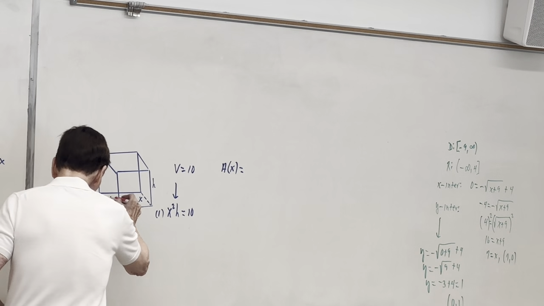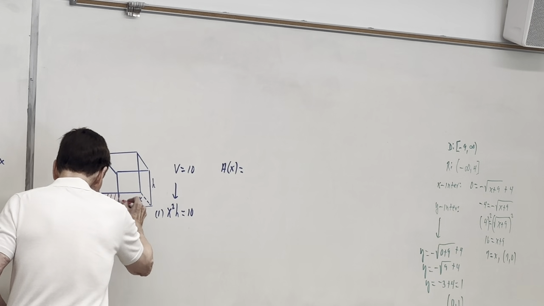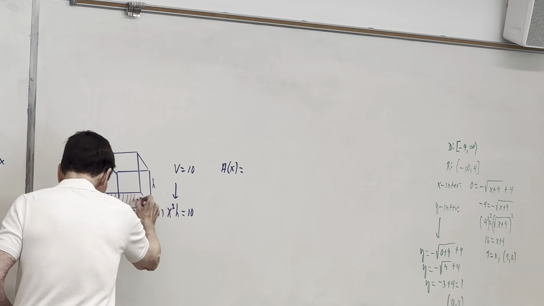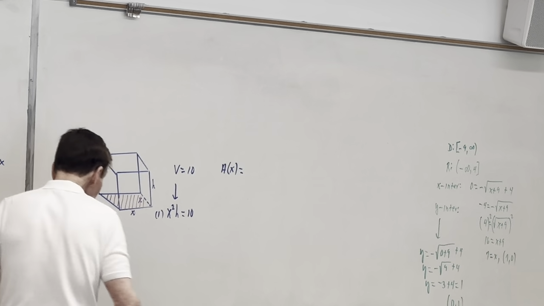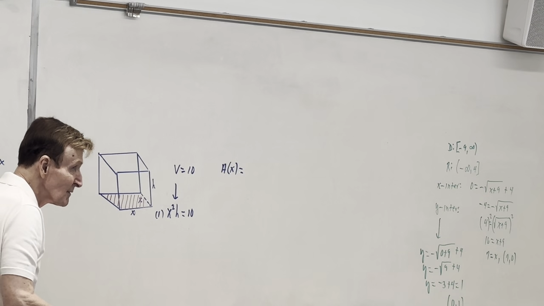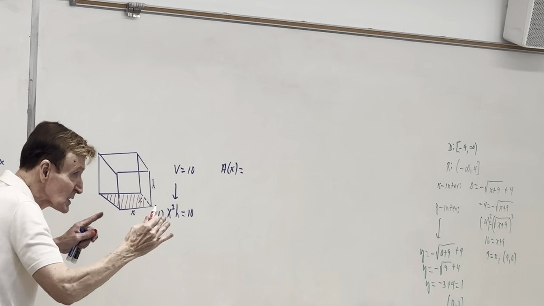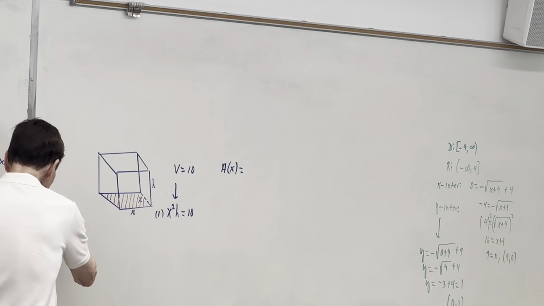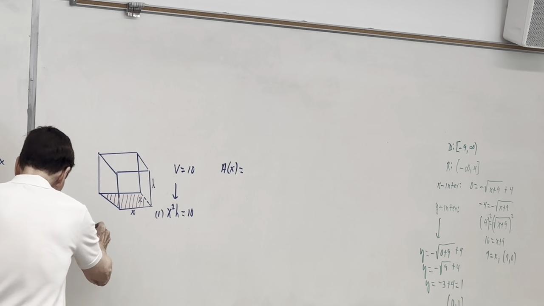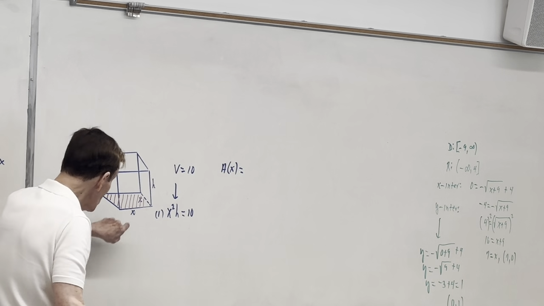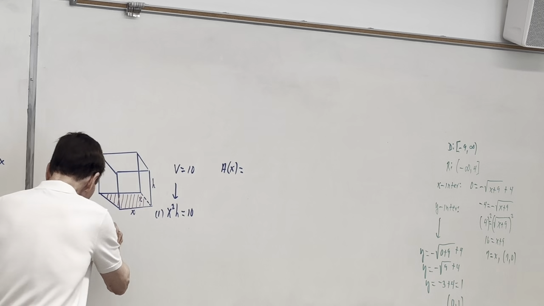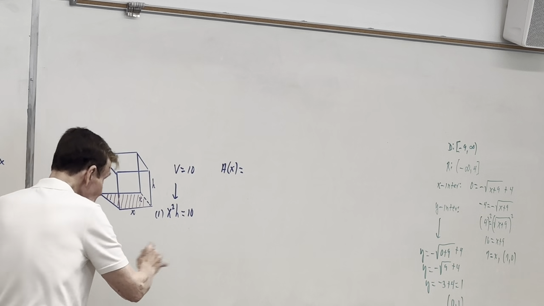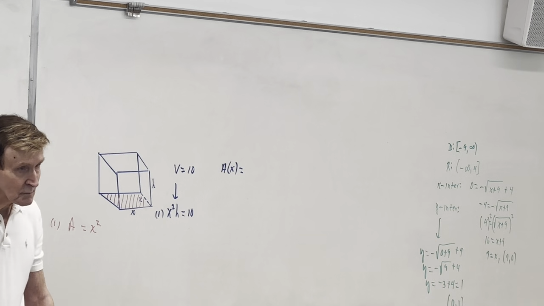So I would tear it apart and find the area of each piece that makes this box. Well, I'm going to start with the base. Area there, length times width, is X times X, is X squared. That's done.